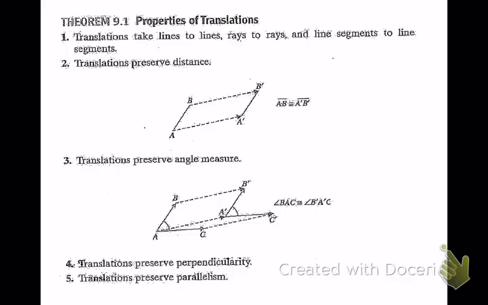So translations preserve distance, they preserve angle measure, they preserve perpendicularity, they preserve parallelism. None of those things change from the pre-image to the image when you do a translation. Any questions on the translation? All right.